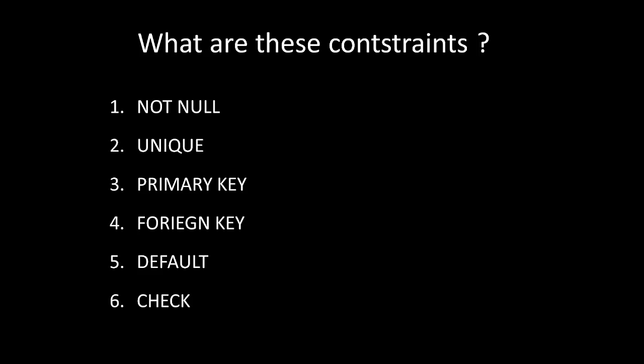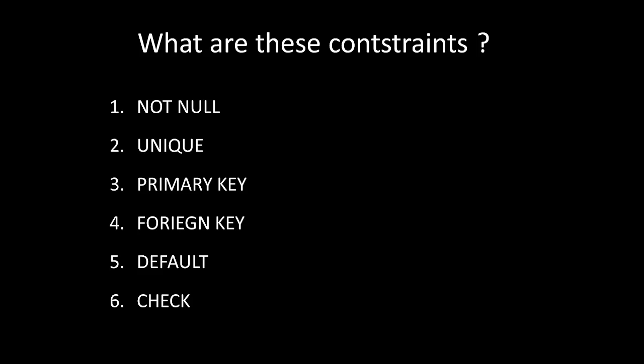That is, if we have an employee table and a column called ID, and we set the ID as primary key, then this ID column will have unique values, and there will be no null values for this ID. So this is what we mean by primary key.